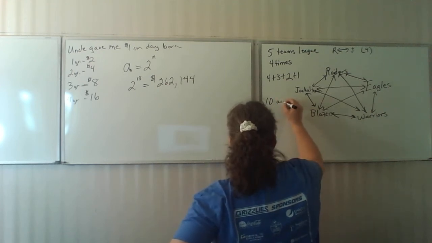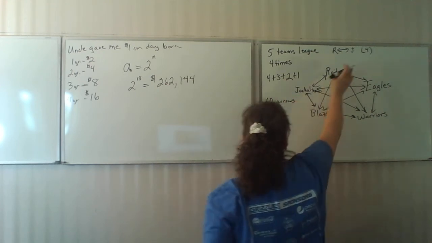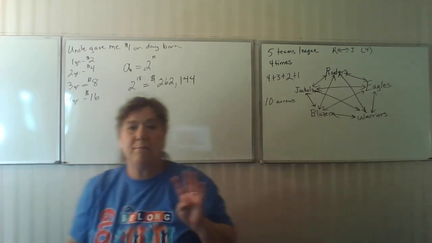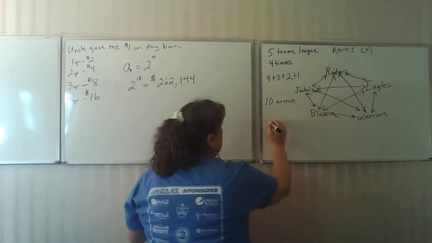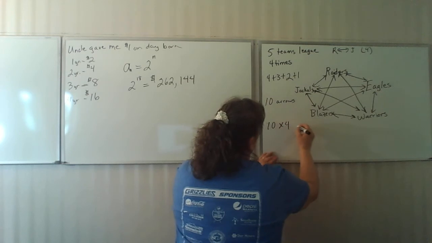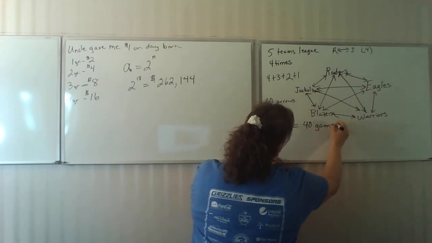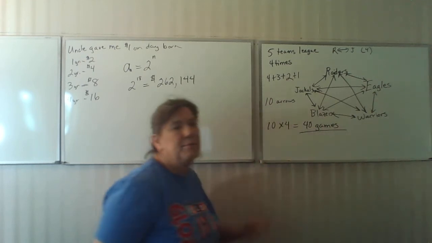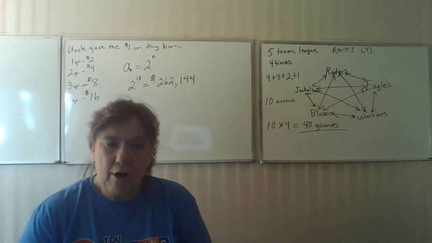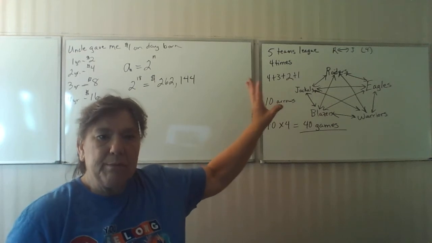So a total of 10 arrows. But remember, every arrow represents 4 games. So 10 times 4 equals 40 games. So this league is going to have to play 40 games during the season for those conditions to be met.